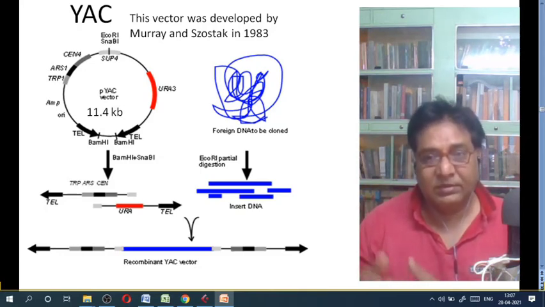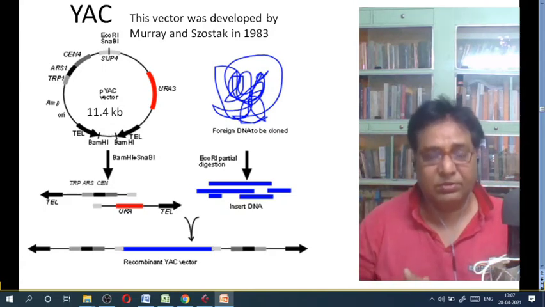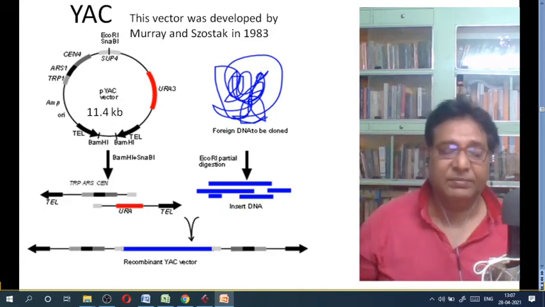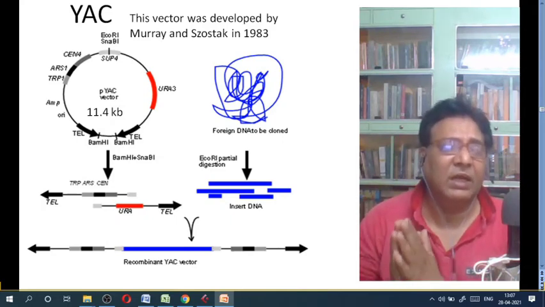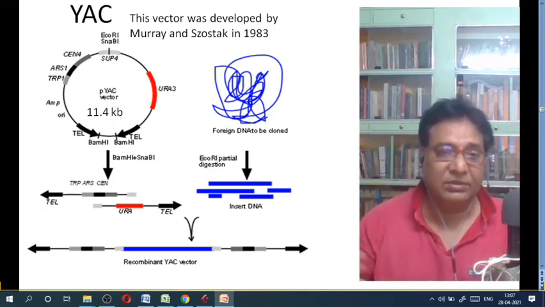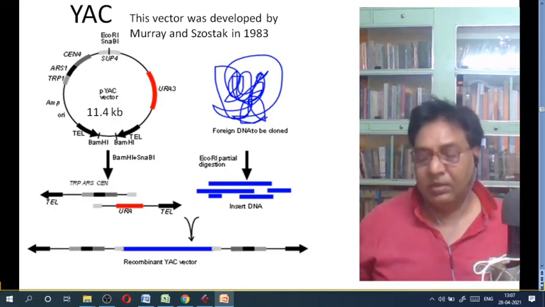You may get deleted portions of the gene, inverted portions, or repeated portions of the same genes. This sort of gene rearrangement is undesirable when you are doing genome sequencing. You will misinterpret your genome.